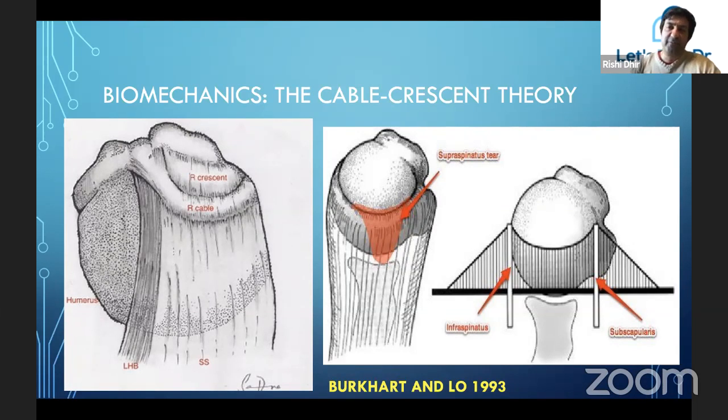And the other thing that Professor Burkhardt and Ian Lowe found was also that their theory was that the cable actually provides an element of stress shielding to the crescent, because the crescent is relatively thin and quite susceptible to tears. So what they said was basically if the tear involves the crescent but not the cable, the patient may actually be biomechanically stable, so they may get no symptoms at all.